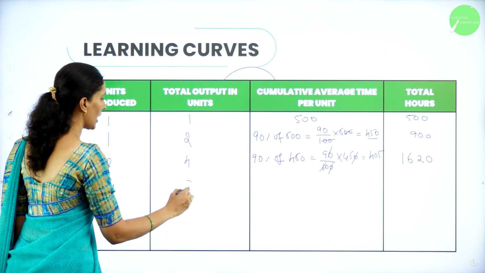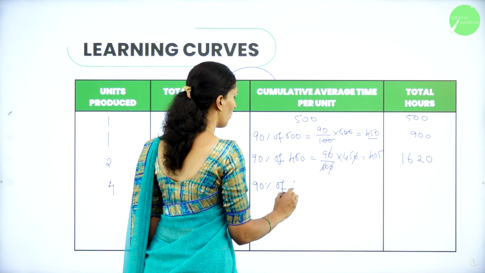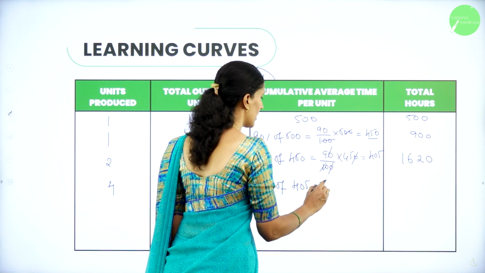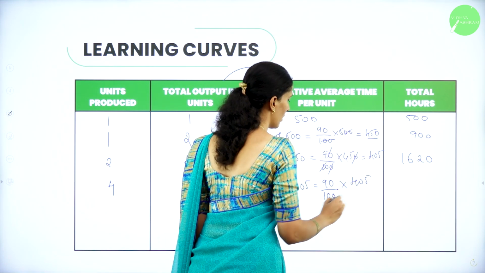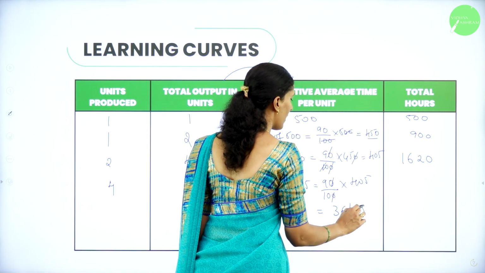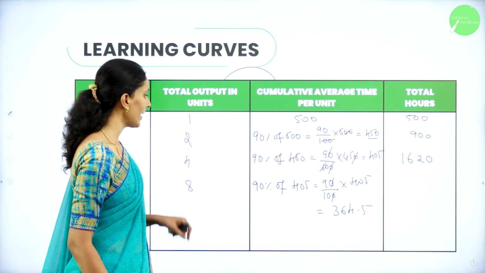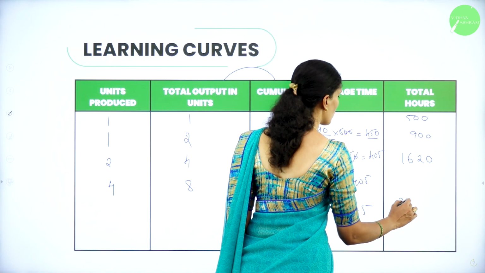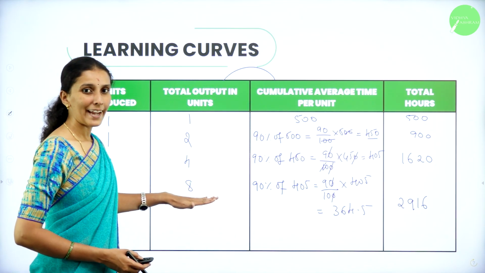Total output is 8. And this is again 90% of 405. That is 90 by 100 into 405. So this is equal to 364.5. And total hours will be 364.5 into 8, which is 2916. So we will stop here because we need only 8 engines.